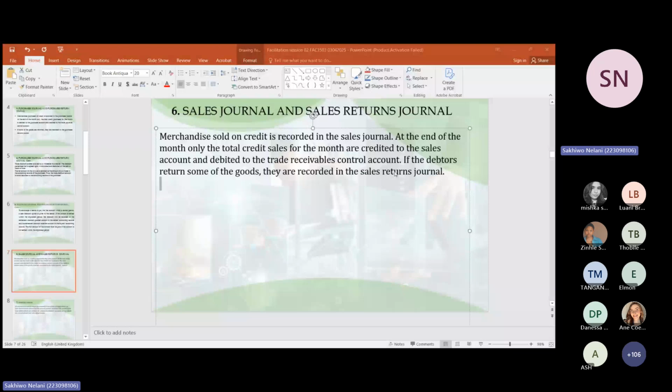Now that your stock is in your shop and we are selling out, what journal must I open for selling to customers? And if customers are unhappy and return a particular product, it is your sales returns journal that must be recorded, to make sure that all other aspects have been taken into account in terms of the journalization.